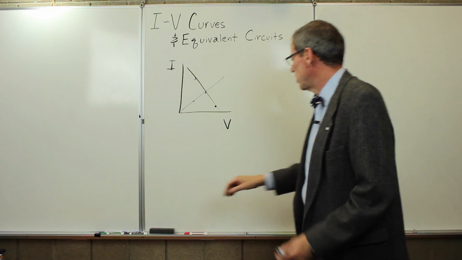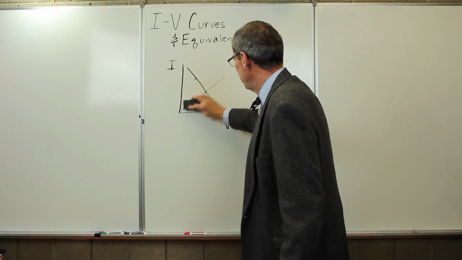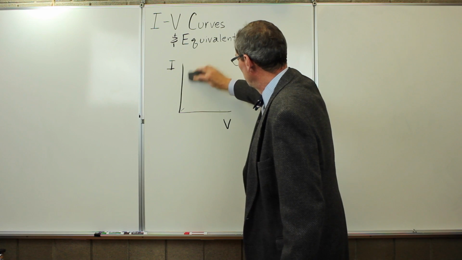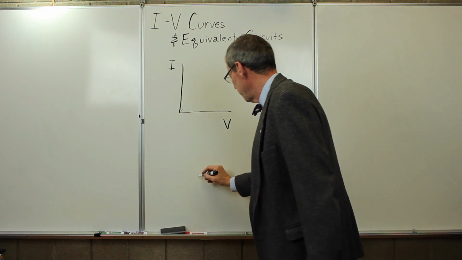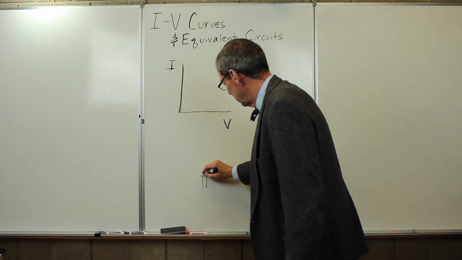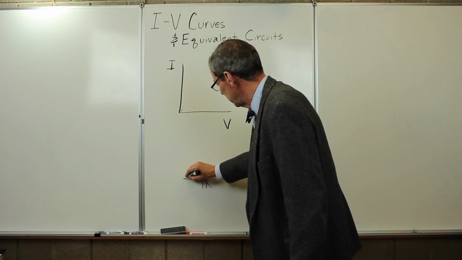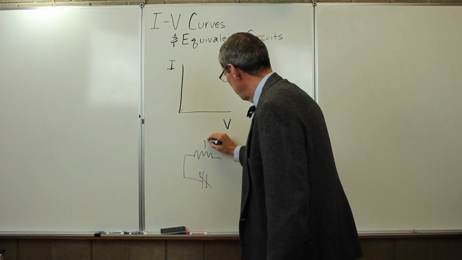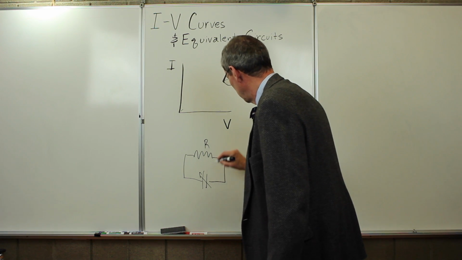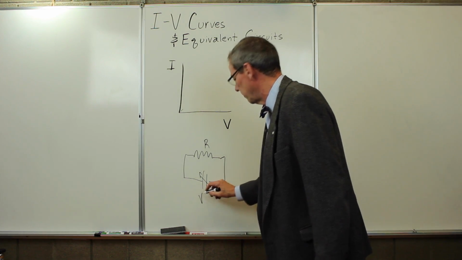We can start with a very simple example for an IV curve. So we'll clear this out here. Let's just take a variable voltage source and some resistor R. And we're going to adjust the voltage on this source.